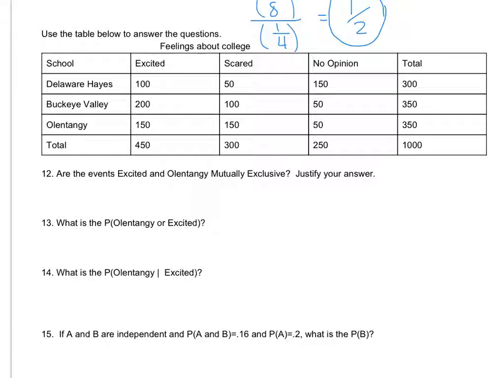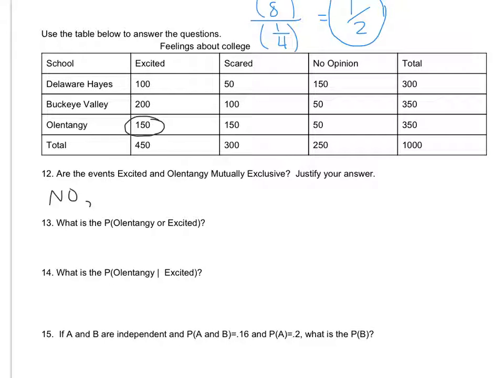Okay, for the next couple of questions, we are going to look at this table which talks about our feelings about college and the school that we come from. So 12 says, are the events excited about college and Olentangy mutually exclusive? And the answer would be no. The reason it's not mutually exclusive is because these 150 people have both these characteristics.